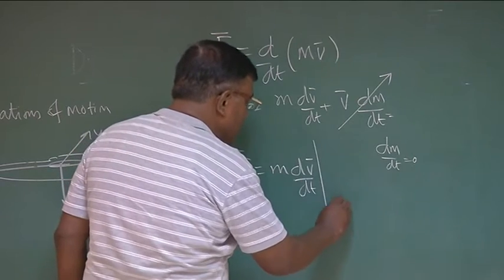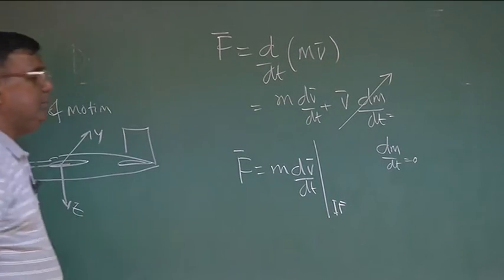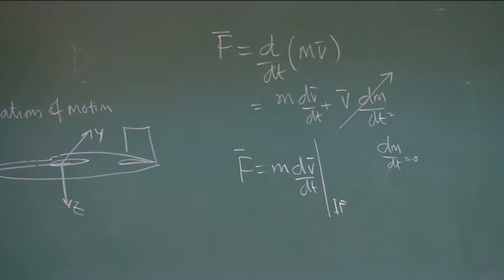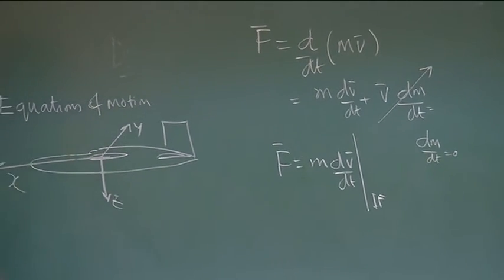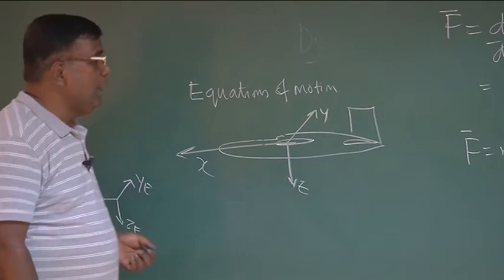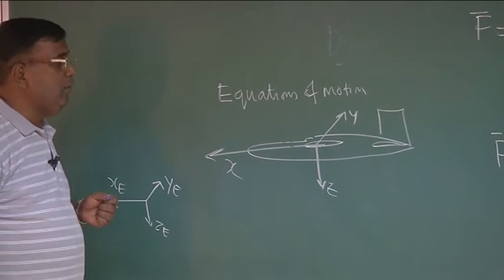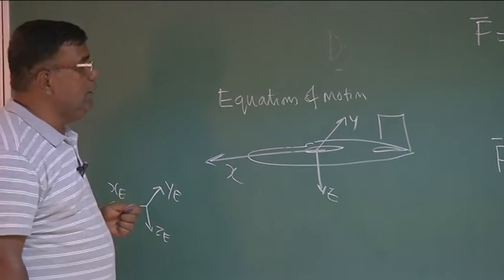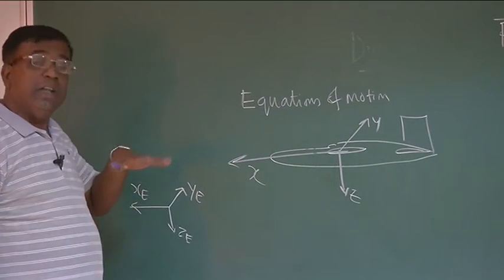But we know this has to be in an inertial frame. Okay? But we are working in a body fixed frame. Suppose we work in an inertial frame, one of the issues will be when I talk about rotation.